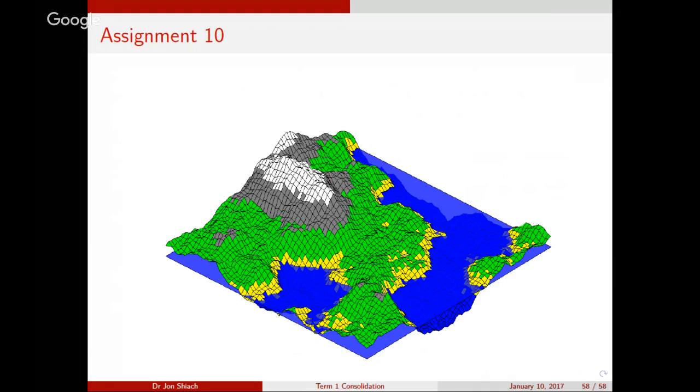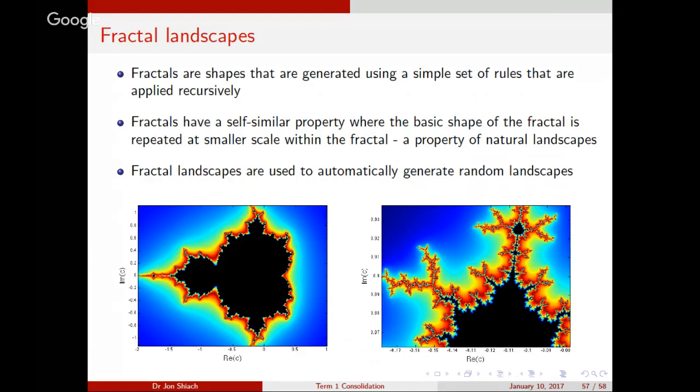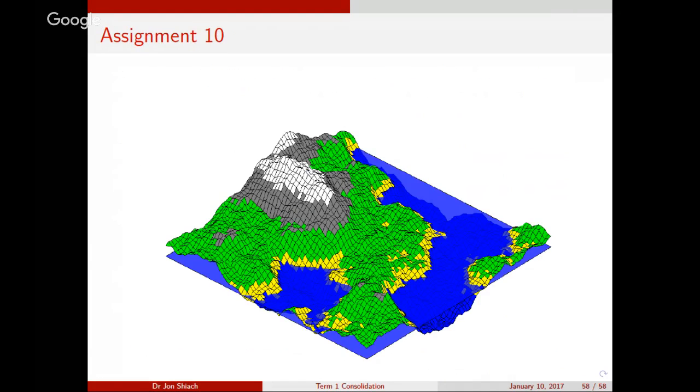This has my landscape, and I've also put on a flat plane to sort of resemble water. And there you go, that's the fractal landscape. That's quite easy to do, by the way. It looks impressive, but all of these things are very doable. Even though at the moment you might think, how the hell do you do that? I'll be teaching you all these. That's what we'll be coming to do in term 2.